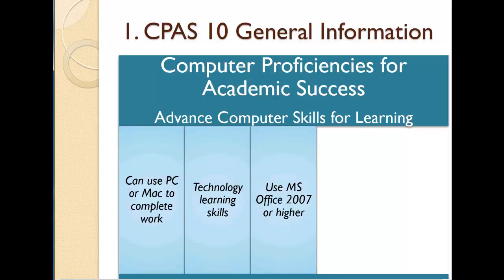This also goes for if you're a Mac user and you're using Apple Works. That will work for some assignments that we're going to use. However, some of the features that we'll be discussing are only available in the Office suite. So keep that in mind. And if you are an Apple Works user, you want to make sure that you save your files in the file extension format that I specify for each assignment.